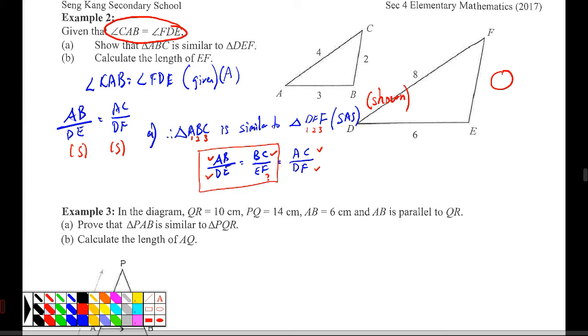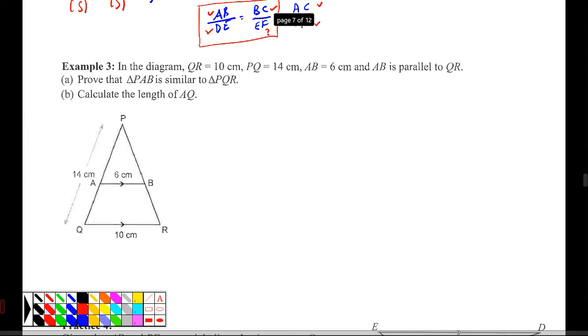Try Example 3 now, everyone. AB is similar to... But for the first one, is it wrong? Wrong.